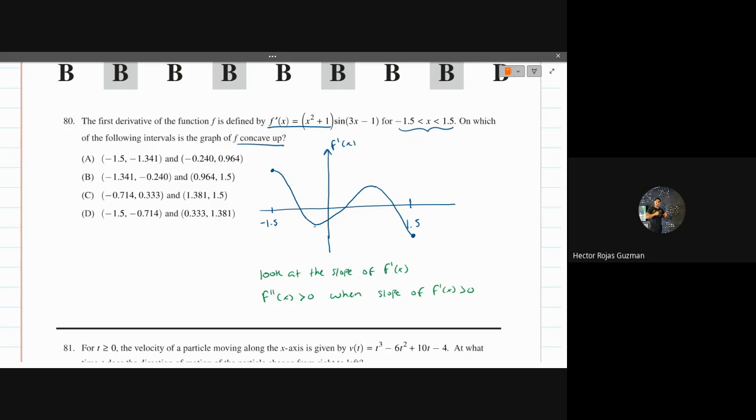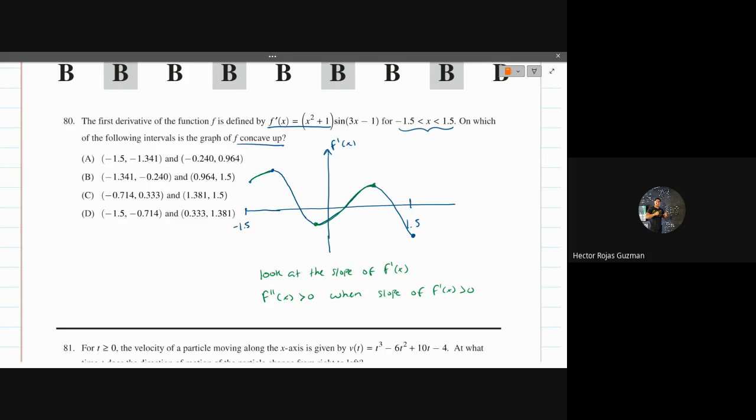So my answer is going to be from this point all the way to this point. And you know what? My drawing was a little bit off. The negative 1.5 was a little bit further back. Yeah, it was like this. So then there's going to be a second interval right here where the slope is positive.